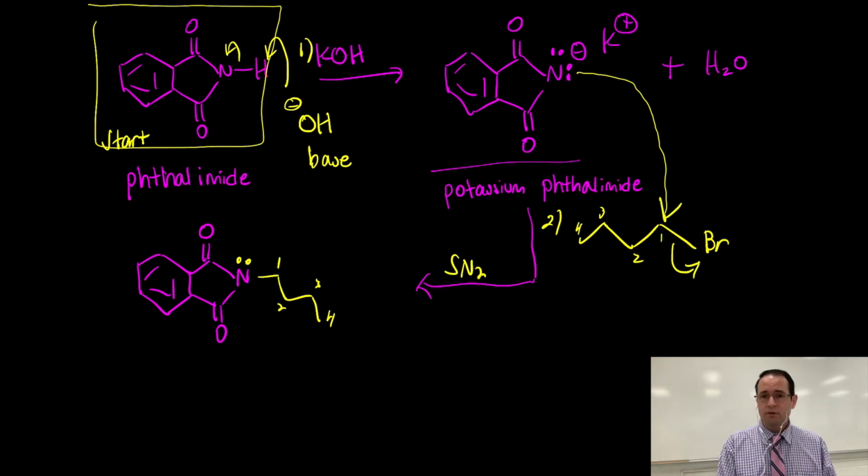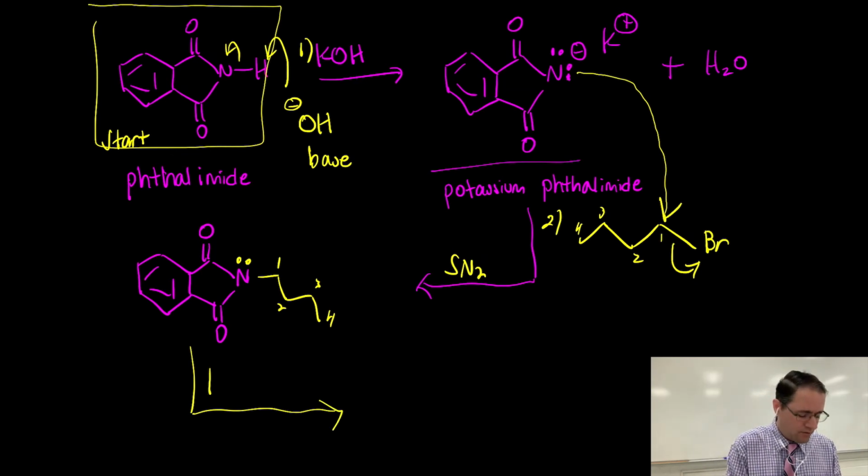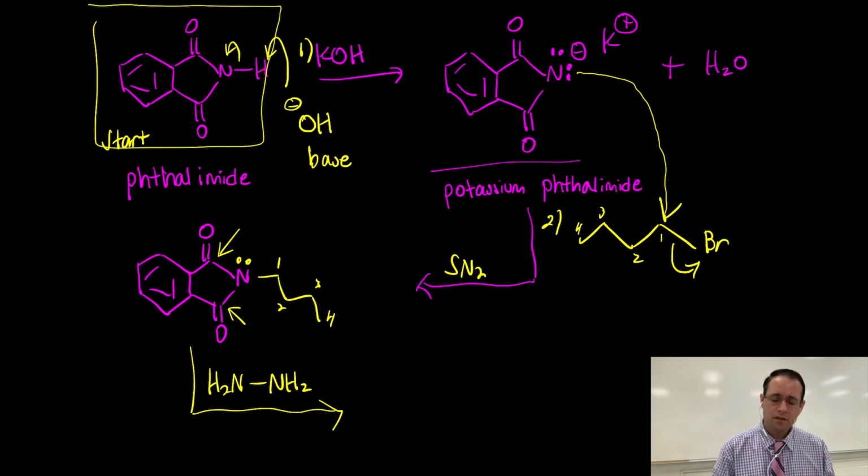And now what we need to do is hydrolyze this compound to release the amine. And this is Gabriel's contribution to this. You could treat this with concentrated KOH or something like that, but a very mild set of reaction conditions was developed, and that was to use hydrazine. This molecule does a double nucleophilic acyl substitution, once on that acyl group and once on that acyl group.